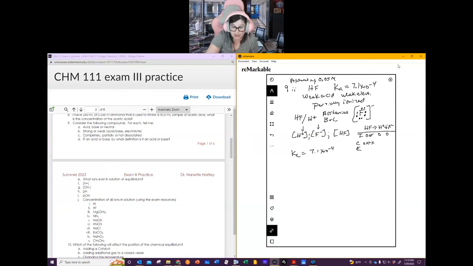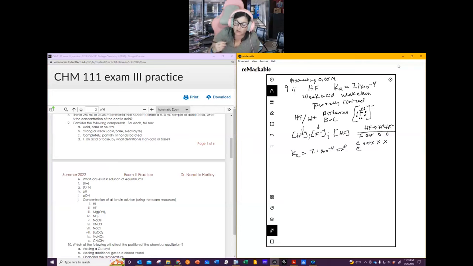We're going to make the assumption that the x is small comparative to the 0.05. I'm not going to ask you to do the check on that. It is appropriate to do the check on it, but we're not going to ask you to do that. Our H plus and our F minus are both going to be x. And so we know that this is equal to x squared.